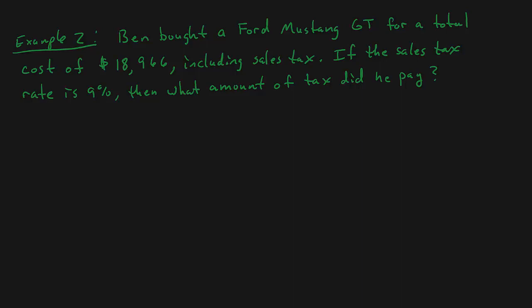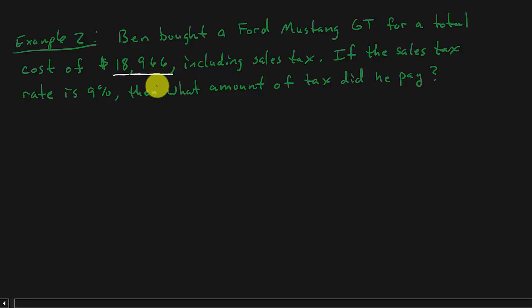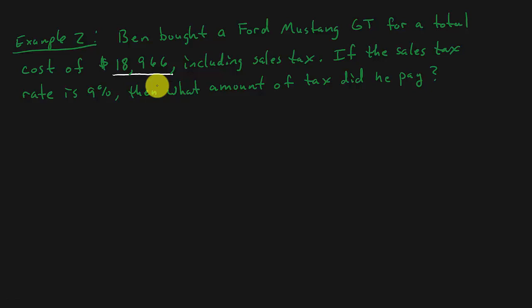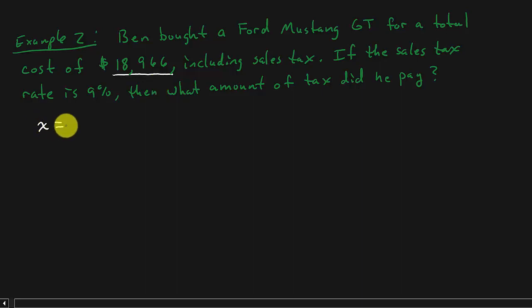And then if we find that, we can do this minus whatever we find for X, the original price of the car. All right. So I'm going to let X equal the price of the car.